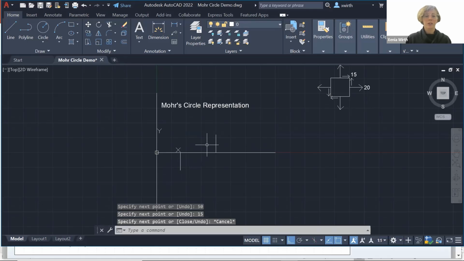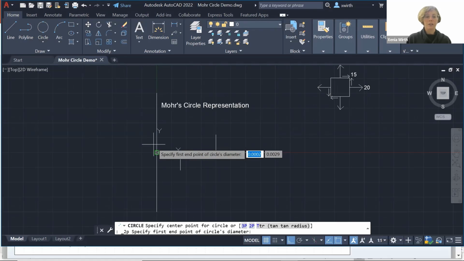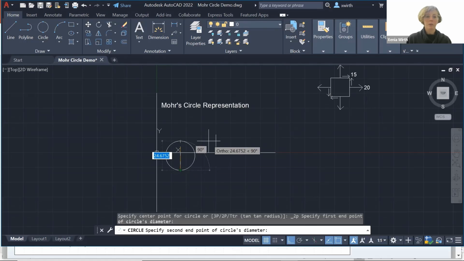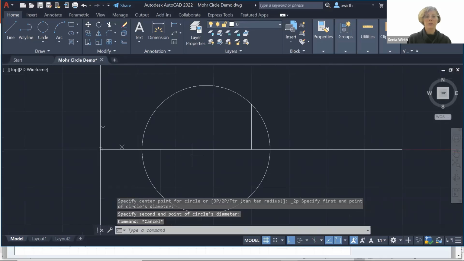So these 2 points define the outside of a circle, and I can come up here and define a 2-point circle using the AutoCAD features. First point, second point, and here is my Mohr's circle.